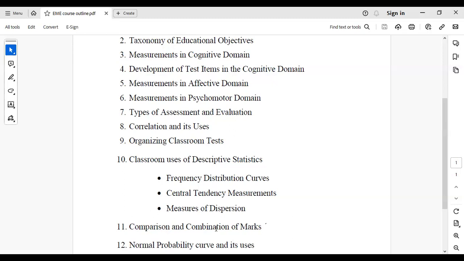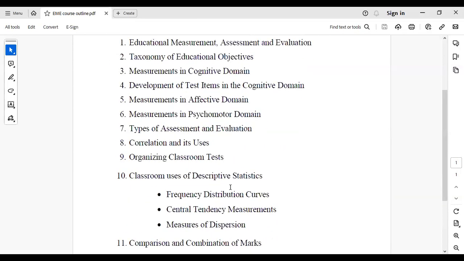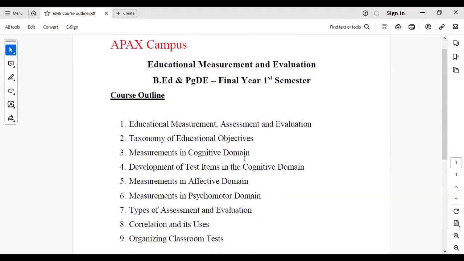So the 11th one is comparison and combination of marks. Then normal probability curve and its uses, and then translation of scores. This is the course outline. There are 13 units in this course we have to cover.